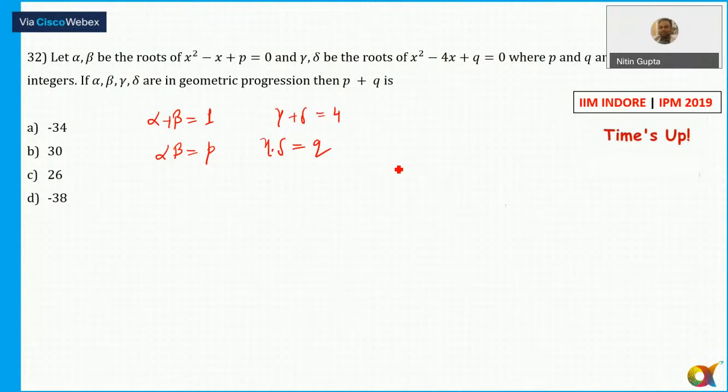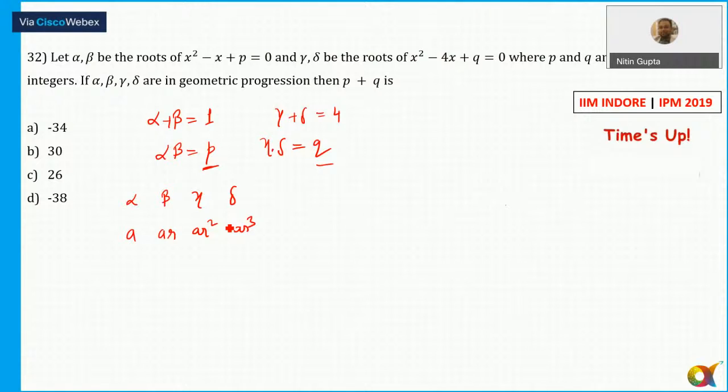It also says that alpha, beta, gamma, delta are in GP and p and q are integers. So if p and q are integers, and alpha, beta, gamma and delta are also in GP, let's say alpha is equal to A, beta is equal to AR, gamma is equal to AR square, and delta is equal to AR cube.